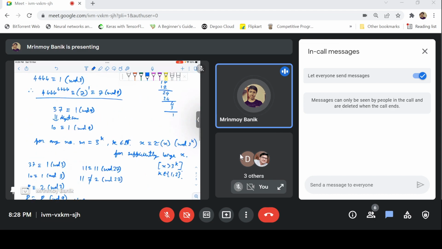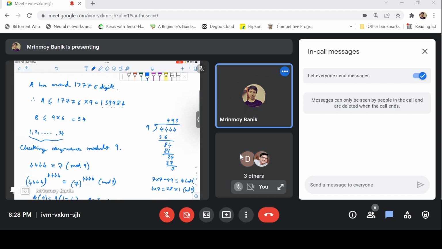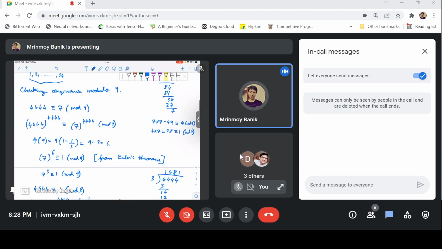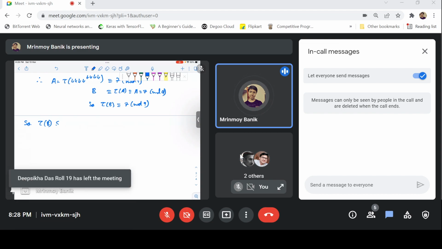Now see what is the bound for b that we found. Yeah, the bound for b was 54. So it is the bound for the digit sum of b. So the digit sum of b can be at max the sum of 54, that is 9.